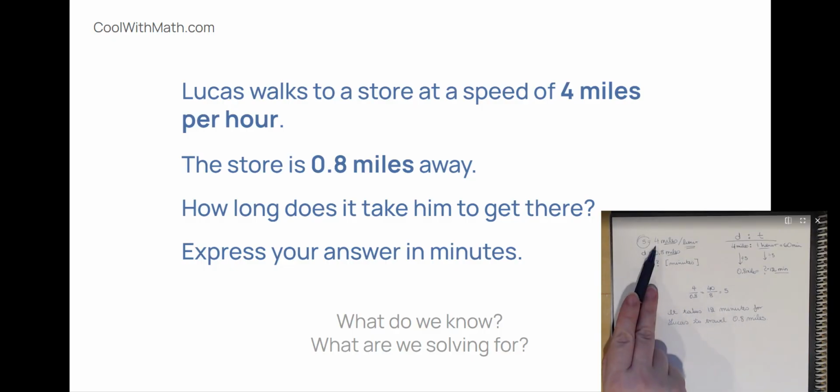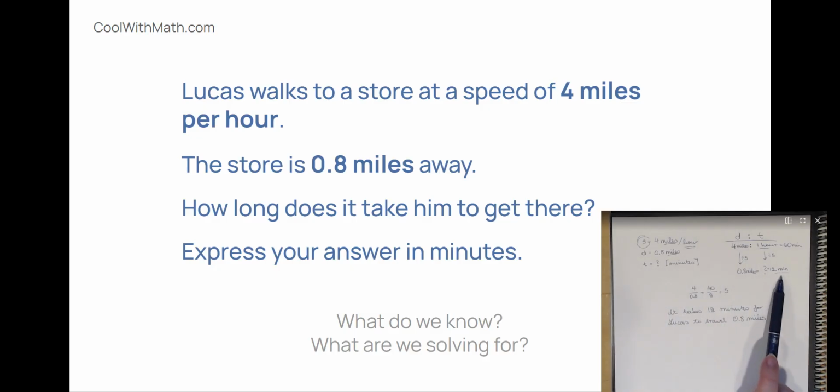If I'm looking at it, it's 1/5 of the total distance. So it needs to be 1/5 of the amount of time that it was taking for that 4 miles. Therefore, we're looking at 1/5 of an hour. And if we look back over here, we had an answer of 12 minutes. 12 minutes is in fact 1/5 of 60 minutes. It is that 1/5 of an hour, so we're good.